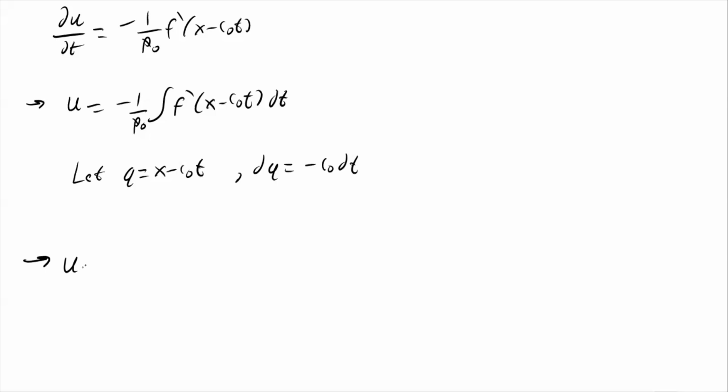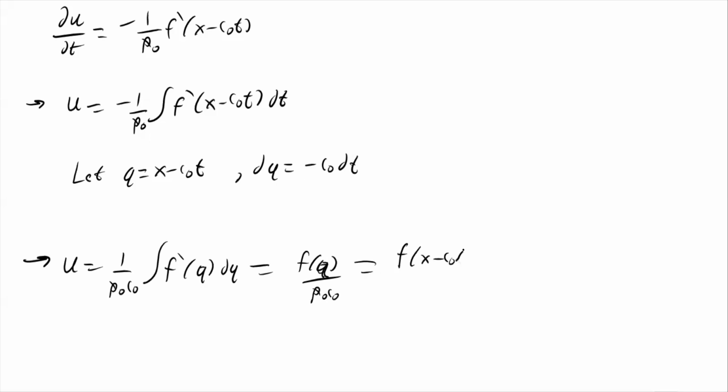Therefore, we have u is equal to 1 over rho naught c naught times the integral of f prime q dq, which is a simple integral, just f of q, over rho naught c naught. Substituting back in, that is simply f of x minus c naught t over rho naught c naught.